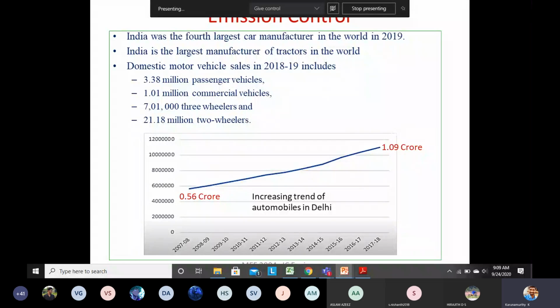Okay, so almost double, right? From 0.56 crore or 56 lakh, it has come to more than 1 crore in 2018. Okay, over a period of 10 years, right?